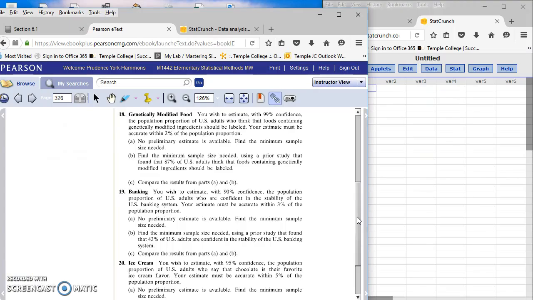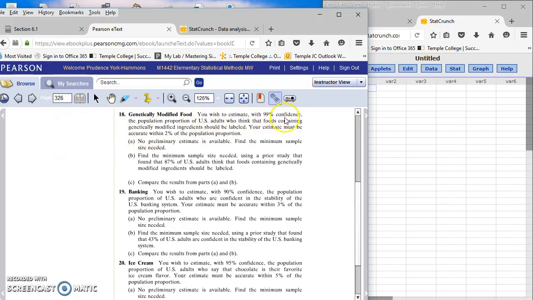One of the other type problems that your homework will ask you to do is to find a minimum sample size so that you could be a certain level of confidence in terms of what the population proportion would be. So we're looking at exercise number 18 on page 326 of your e-text.